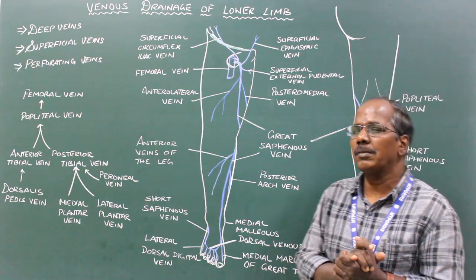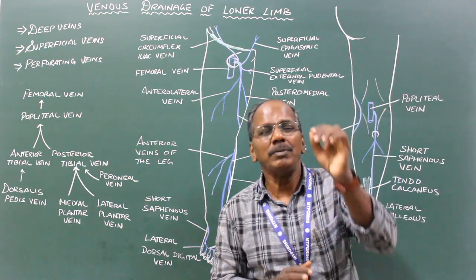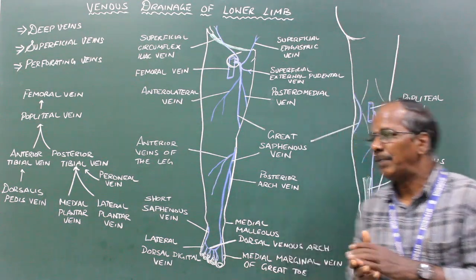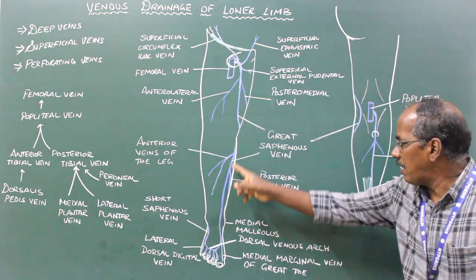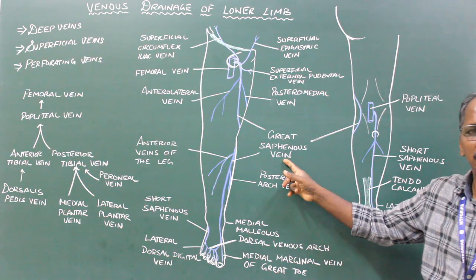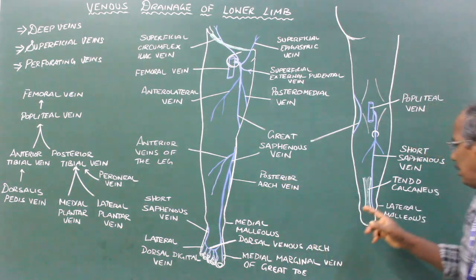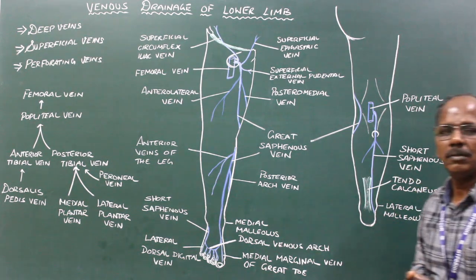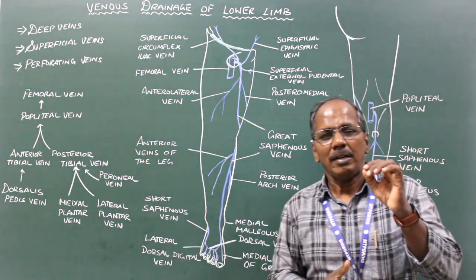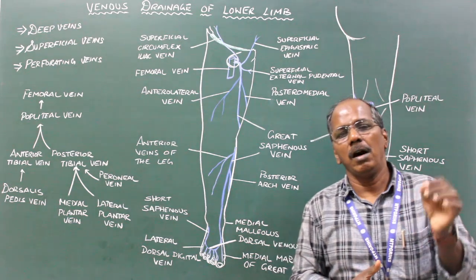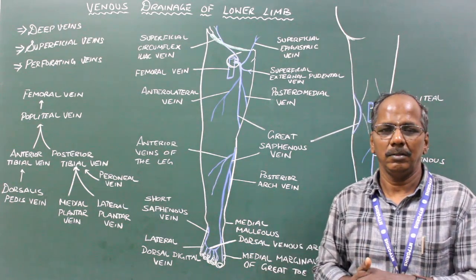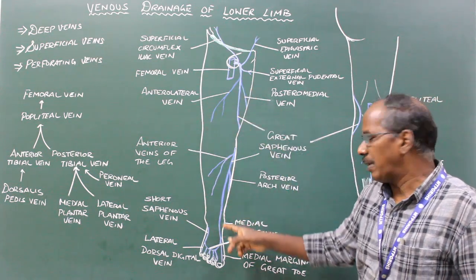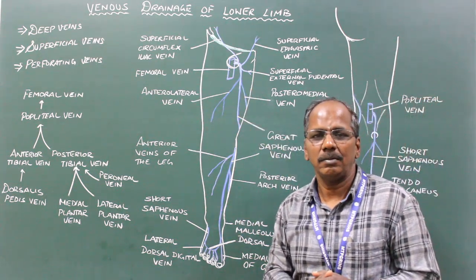Superficial veins. There are two major superficial veins which drain the lower limb. Number one, great saphenous vein. Number two, short saphenous vein. Great saphenous vein or long saphenous vein is the longest vein present in the body.